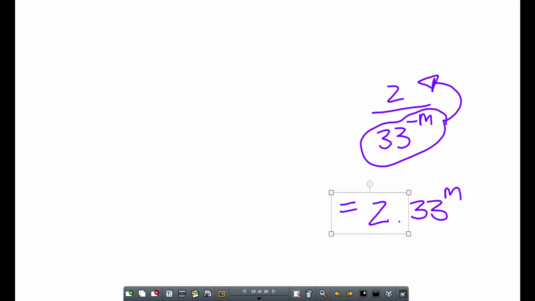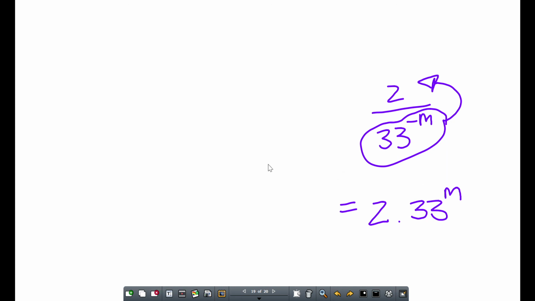So that's why I can't go and multiply them. The sign of the exponent changes, not the sign of the base.